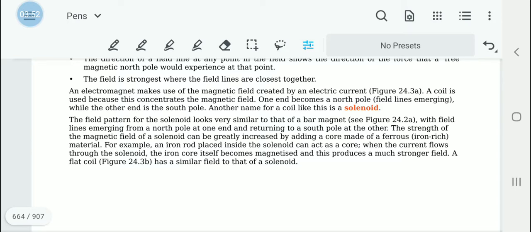If there is a ferrous material, ferrous meaning containing iron, like an iron rod inside, the current doesn't flow through the iron rod but through the solenoid. Then this iron core itself will become magnetized and would produce a stronger field, right?